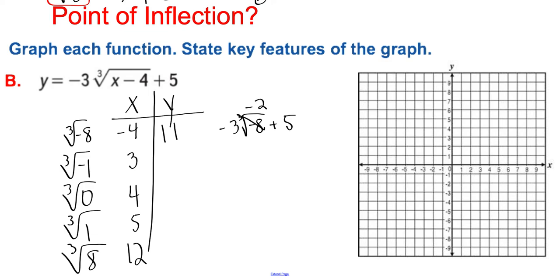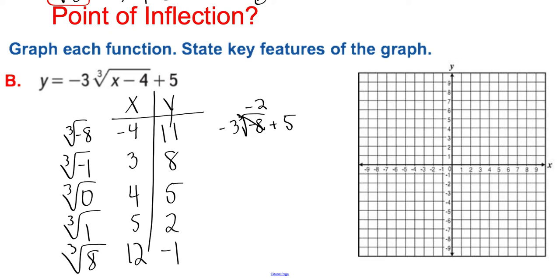Next number will be a 3, and then we're going to plug that in. So -3 times -1 is a 3 plus 5. Will be an 8. Okay, number after that is going to be a 5, and then we're going to have a 2, and then we're going to have a -1.